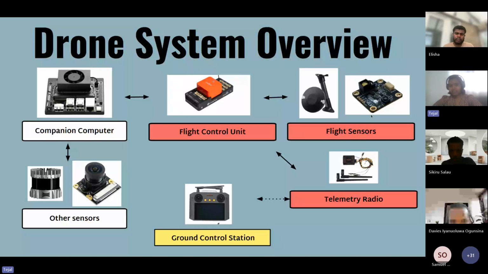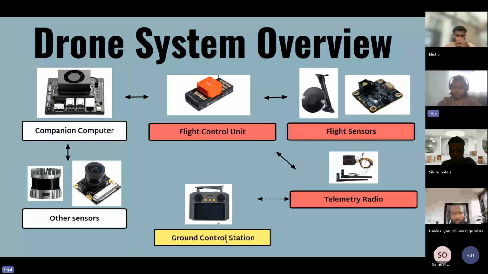With all these, you also interface your flight control unit with the telemetry radio. So what does the telemetry radio do? It helps you have communication between the drone that is flying in the air and the laptop that you have on the ground. The laptop on the ground is generally called a ground control station.